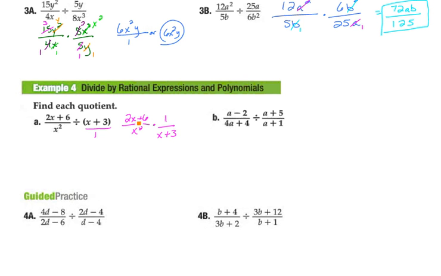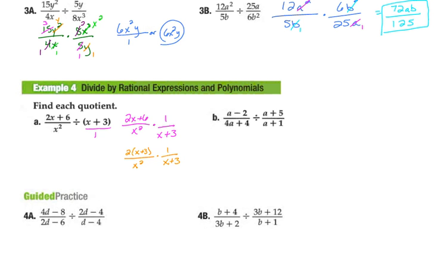And then I realize that I have some addition in here. So I can't do any canceling here unless I see if anything can factor. Well, it looks like I can distribute out a 2 in the numerator over here. So I'm going to rewrite that as 2 times x plus 3 all over x squared. I'm still multiplying that by 1 over x plus 3.